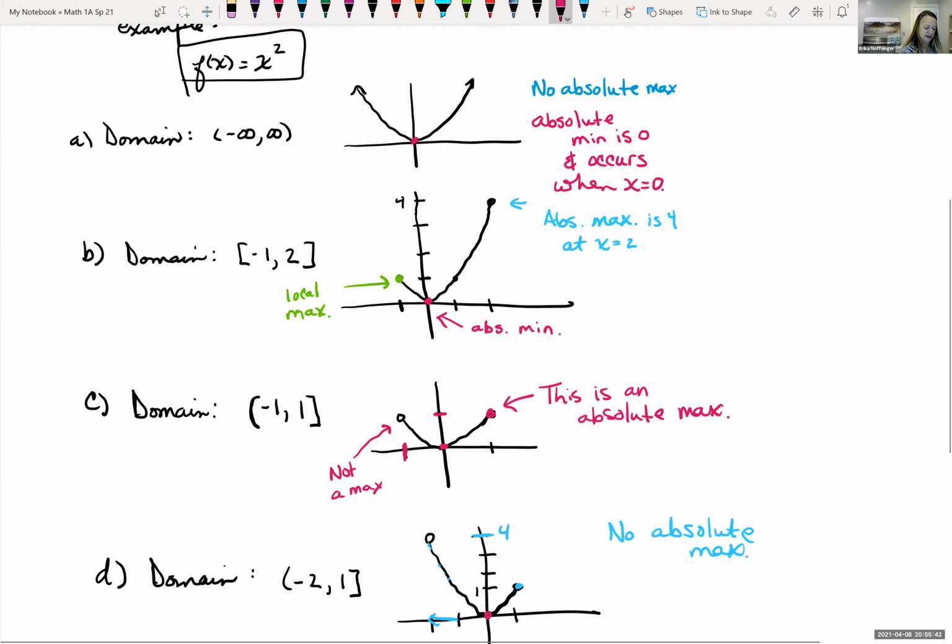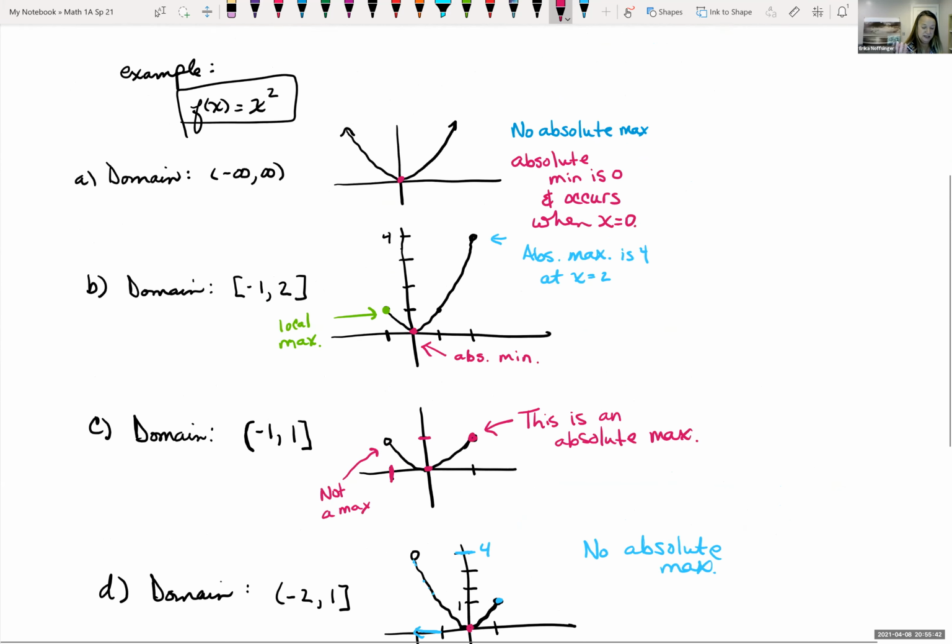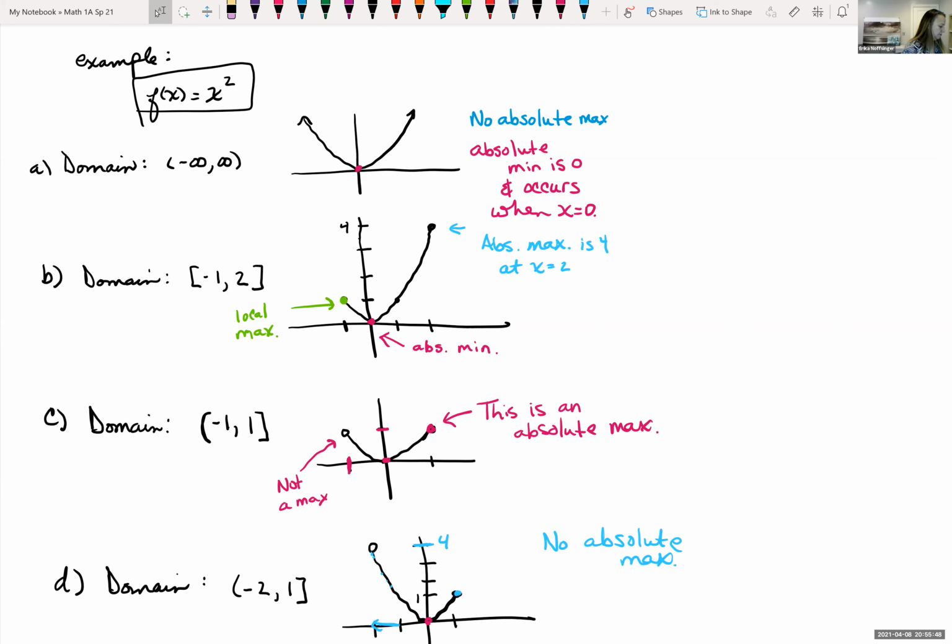So that brings us to an important theorem, which is called the extreme value theorem.